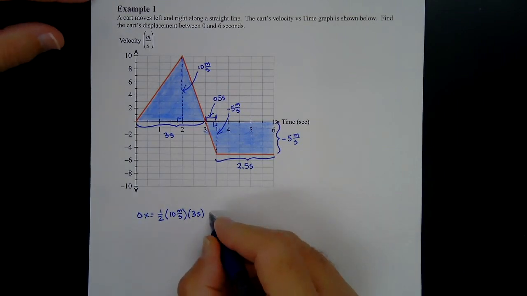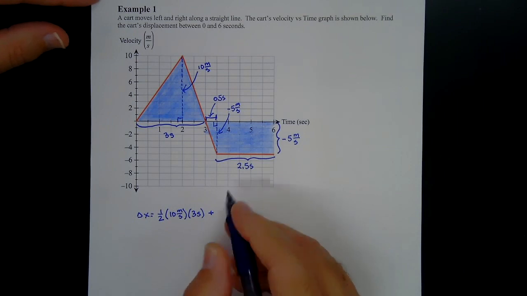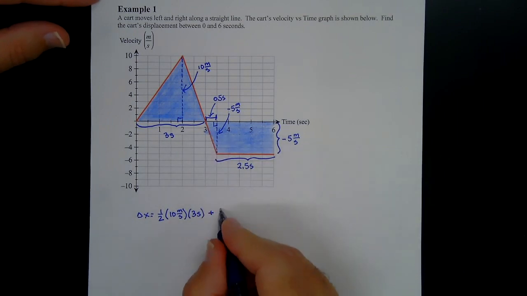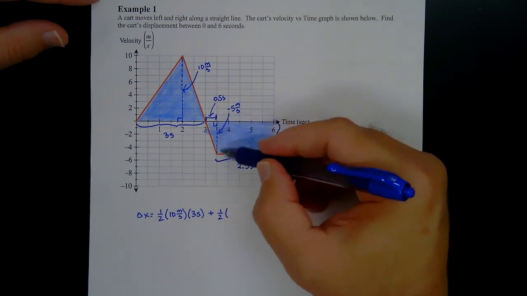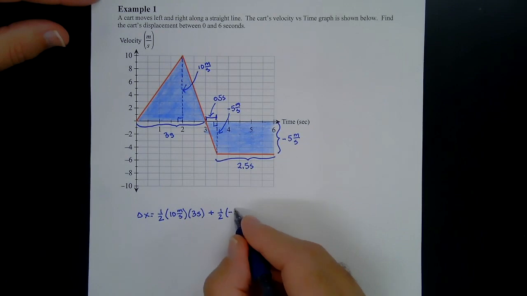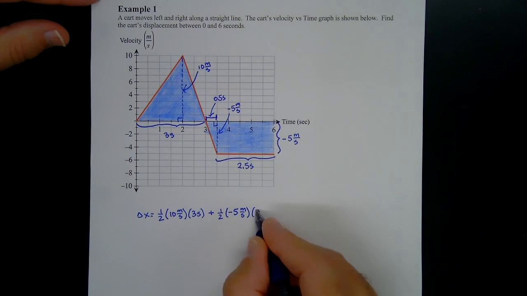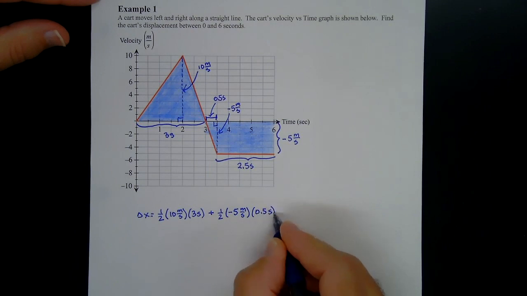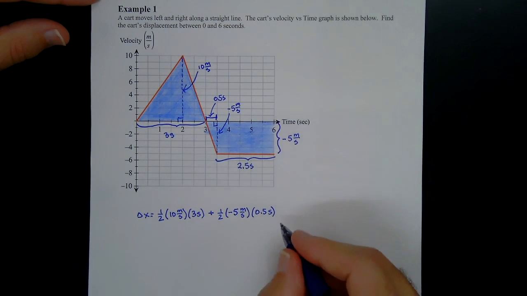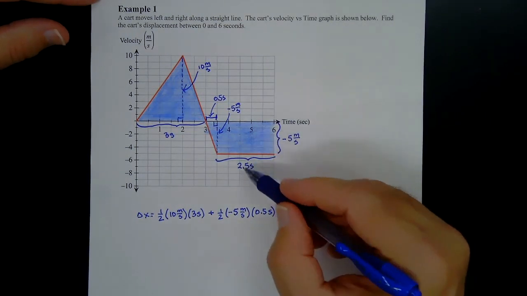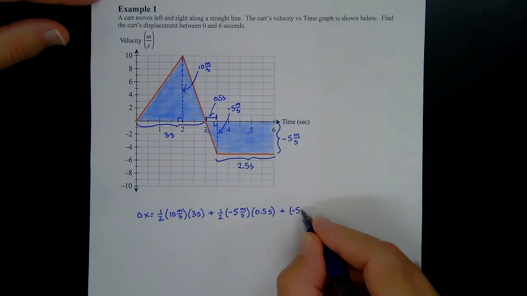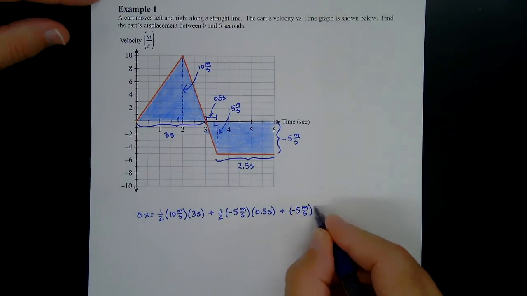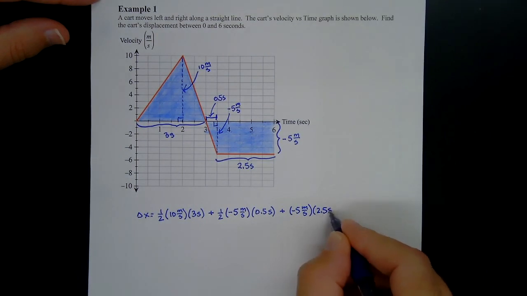Then plus, this one's also a triangle, so it's 1/2 times the height, -5 meters per second, times the base, which is 0.5 seconds. And then I need to add this in, so plus the base, 2.5 seconds, times the height, -5 meters per second.